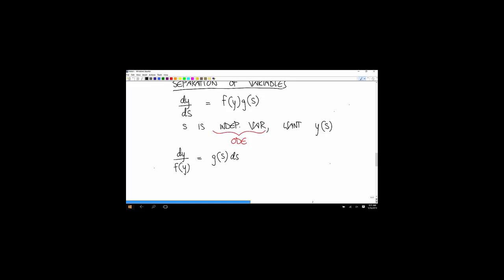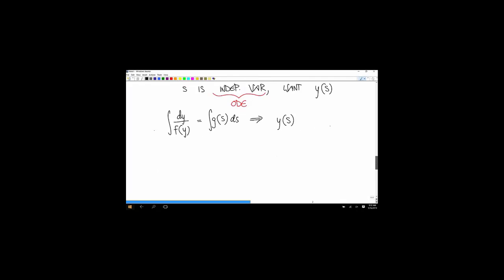And now that we have this infinitesimal y here, this infinitesimal s here, we can just integrate both sides. And when you take that integral, you can solve for that function. This gives us y as a function of s. Okay, let's do a couple concrete examples.